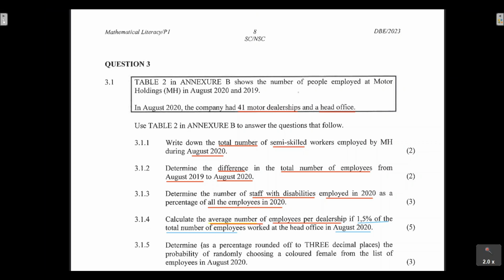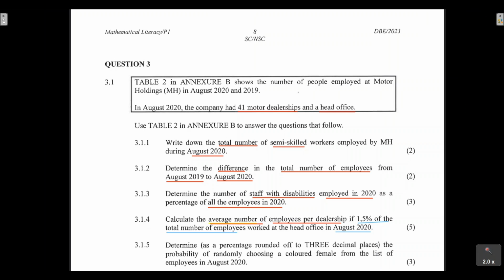We want to determine the average number of employees per dealership if 1.5% of the total number of employees worked at the head office in August 2020. So here we're told that 1.5% of the total employees work at the head office, and the rest work at the dealerships.